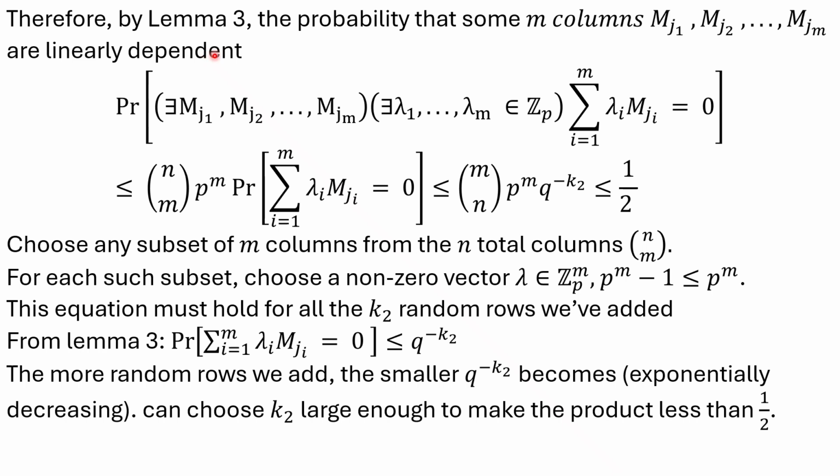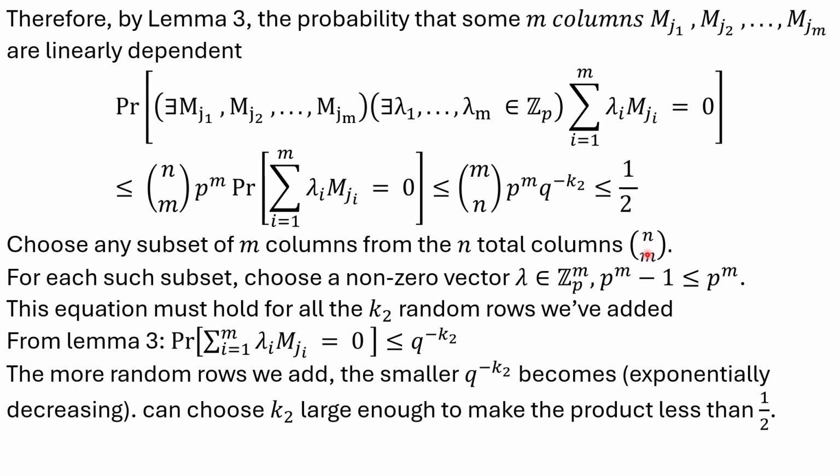Therefore, by lemma 3, the probability that some m columns mj1 to mjm are linearly dependent, we can write as follows: the probability that we have m columns and m lambdas such that the sum is equal to 0. And this is less than this right here. We explain it here. Choose any subset of m columns from the n total columns.